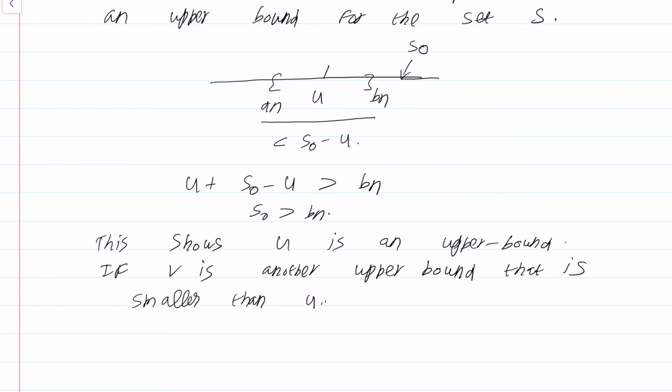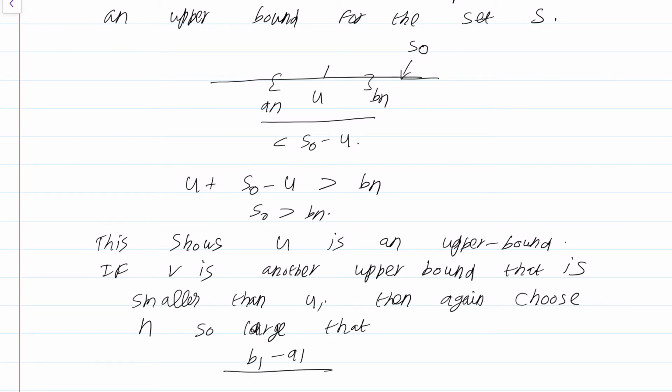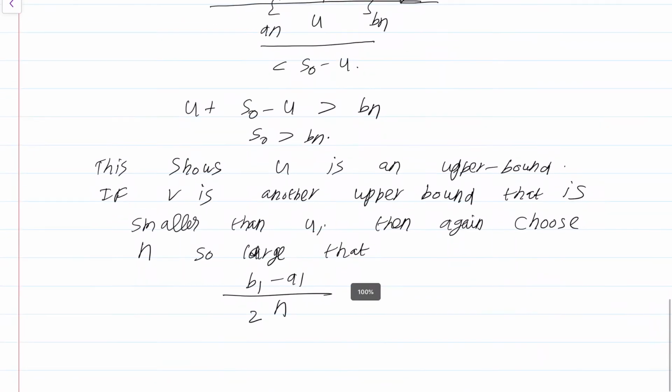Then again choose n so large that (b1 minus a1) by 2 power n is now less than U minus V. Okay, less than U minus V.